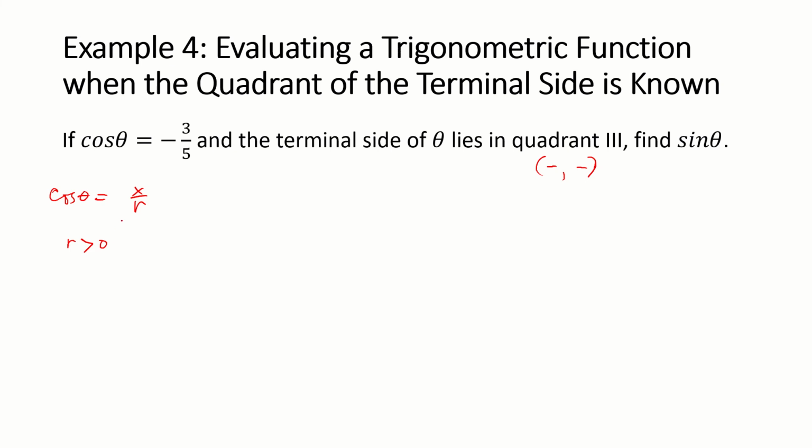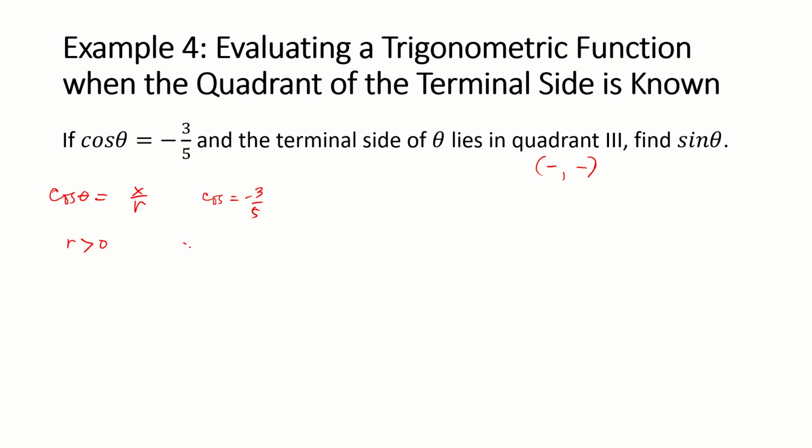And remember as well that the radius must be greater than 0. So in other words, with our negative 3/5, for the r, you might be confused which one would be negative, whether it's x or r, because there's a negative sign here. So just remember that radius should be greater than 0.